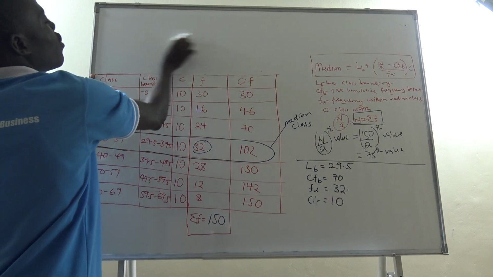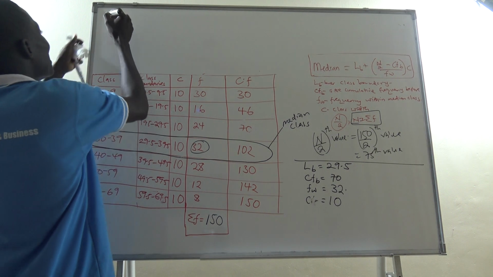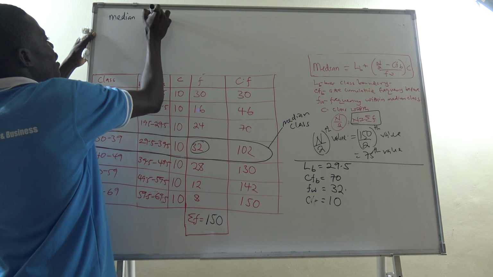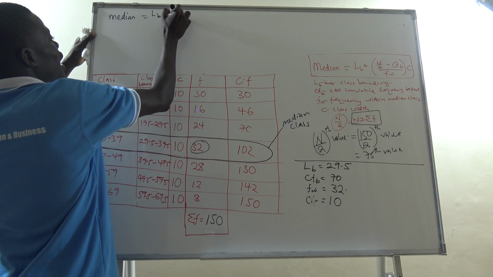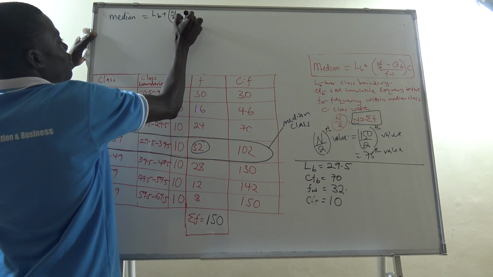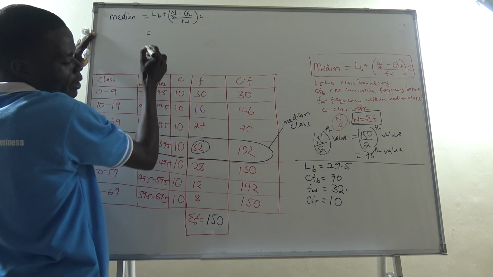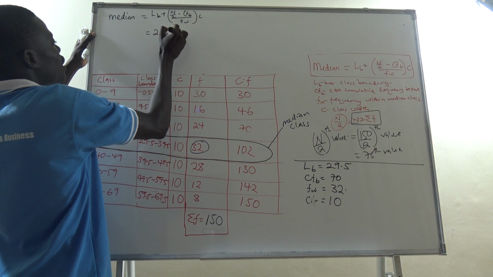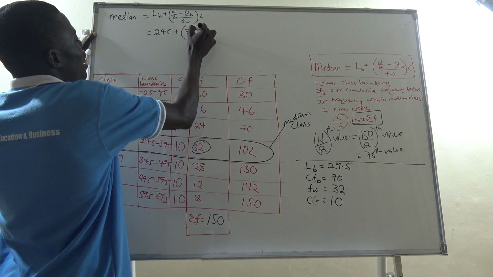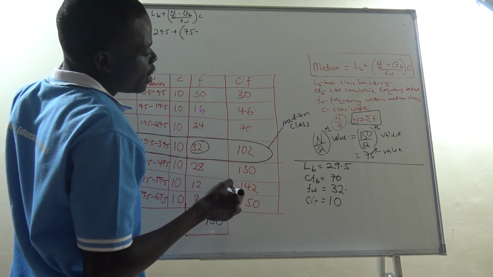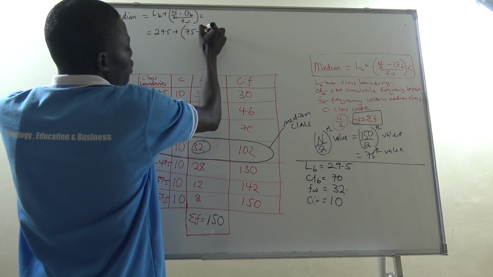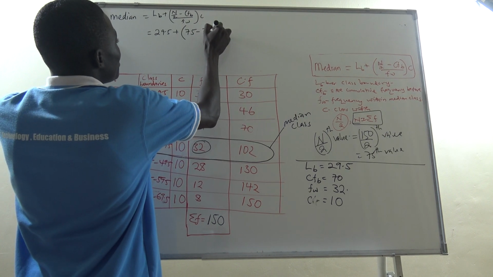So now here we shall have our median, which is given by LB plus n out of 2 minus cumulative frequency before, divided by frequency within, times C. So our LB, our lower class boundary, is 29.5 plus n divided by 2, we got 75, minus the cumulative frequency before, which is 70.